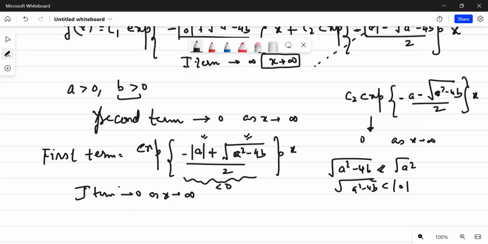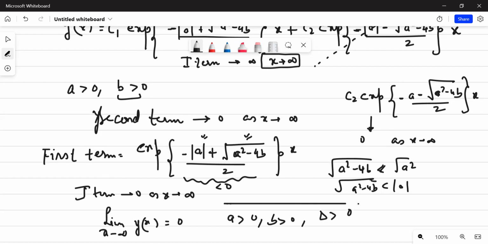Are you getting my point? So the first term is also going towards 0. The second term is also going towards 0. So as x tends to infinity, your solution y(x) will tend to 0 perfectly only if a is greater than 0 and b is greater than 0, and further delta should be greater than 0. Okay? Is that clear?